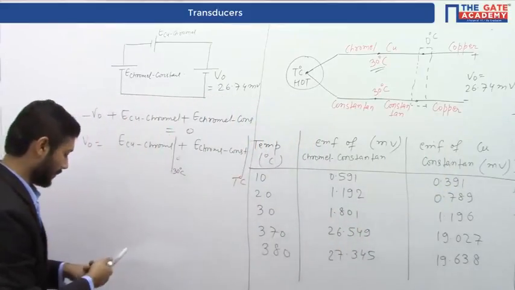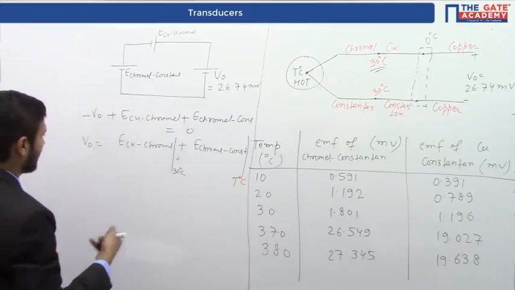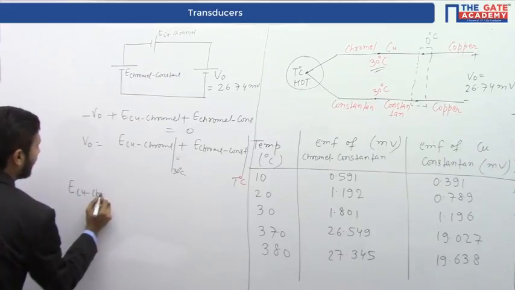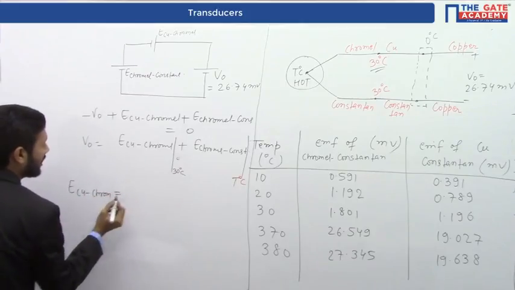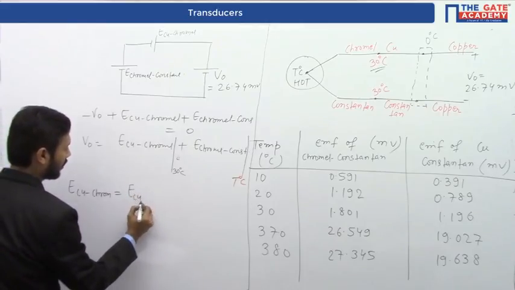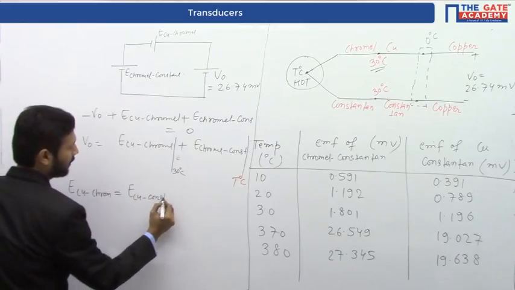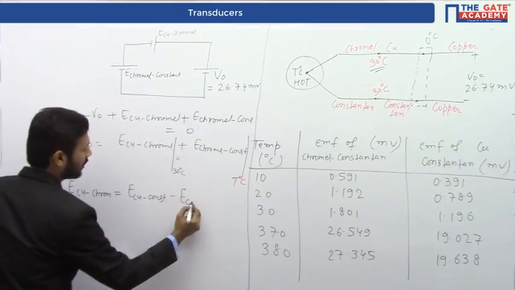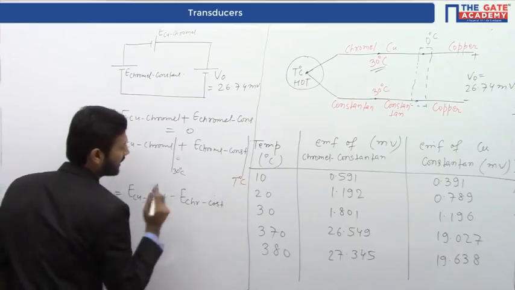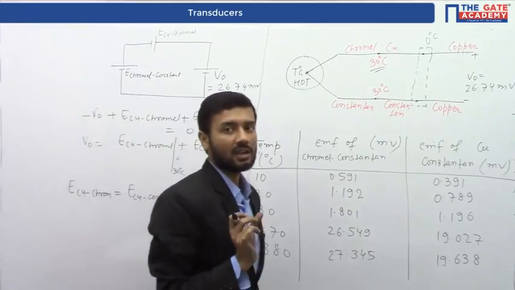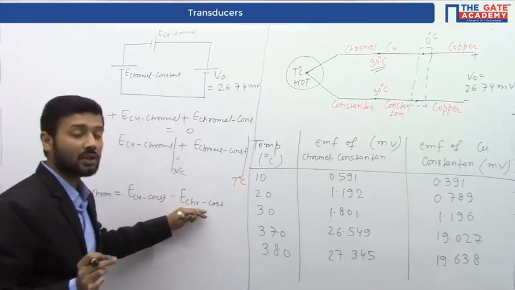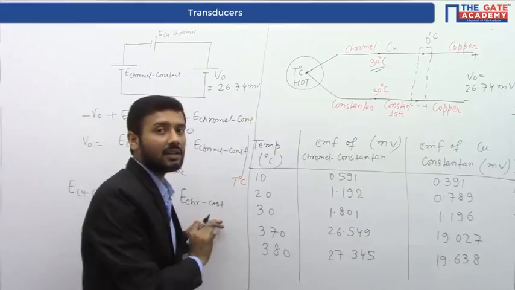We know E copper chromel equals E copper constantan minus E chromel constantan at 30 degrees C.